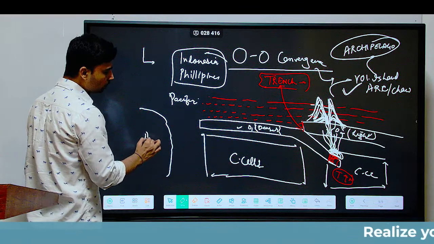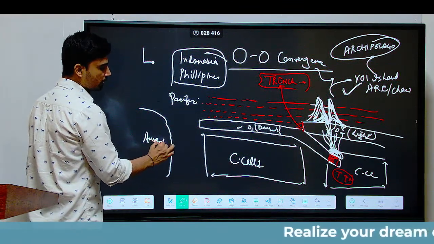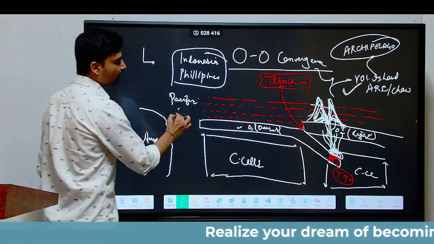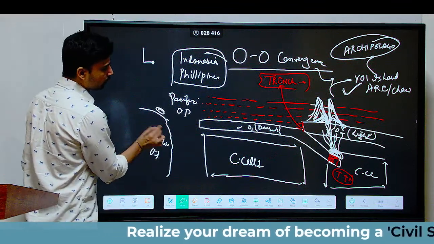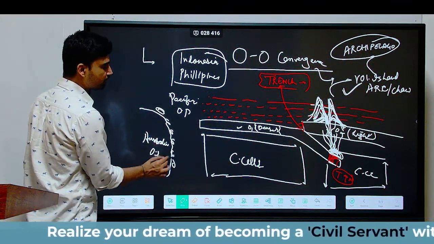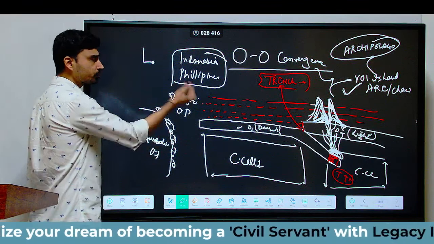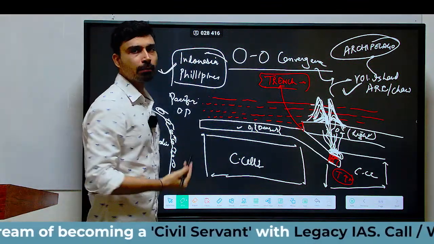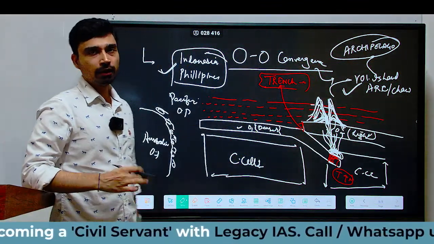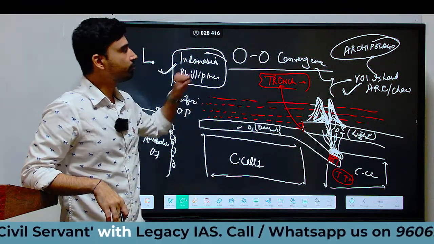So due to the convergence between the Australian oceanic plate and the Pacific oceanic plate, we have formation of a chain of islands around the edges, around the subduction zone, which is today part of Indonesia and Philippines. So that is the first thing.